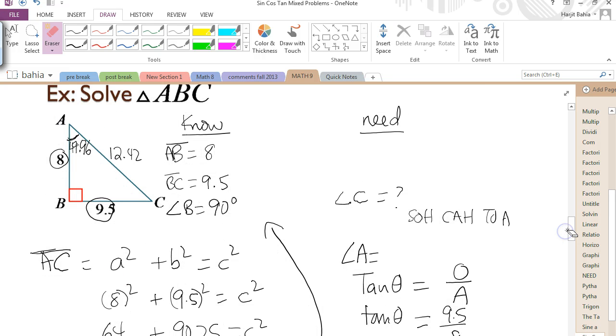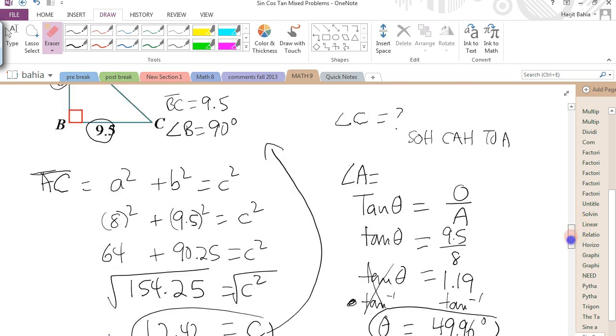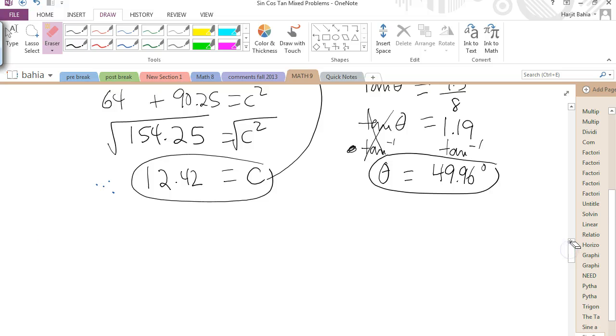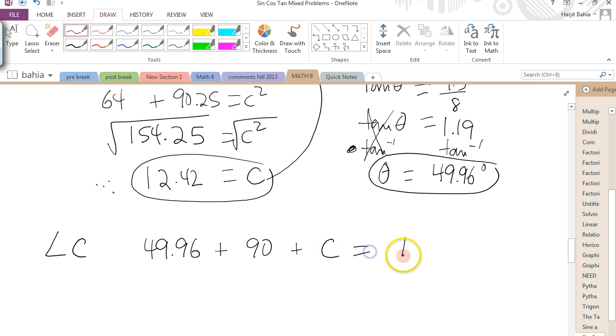I know that angle, 49.96, and 90 gives me the leftover. So to get angle C, I know that 49.96 plus 90 plus that angle C is going to give me 180.